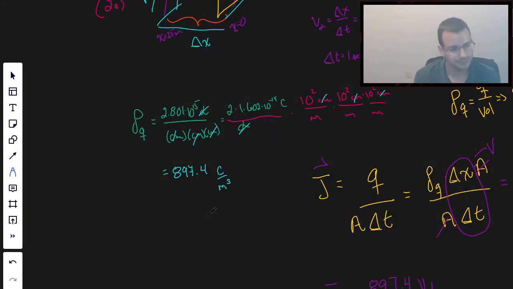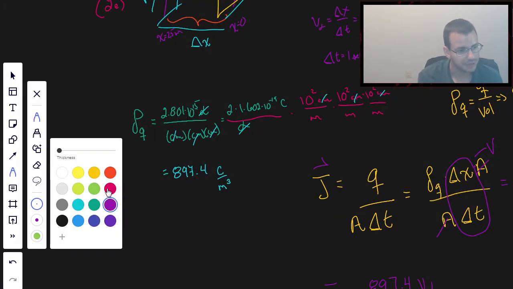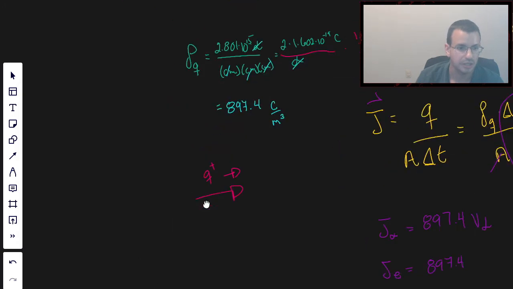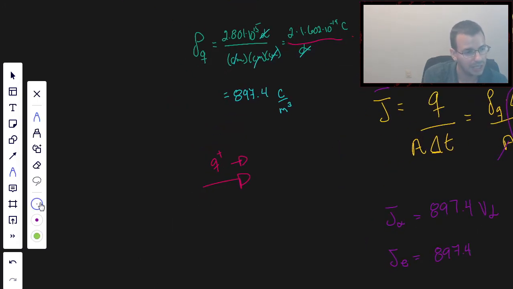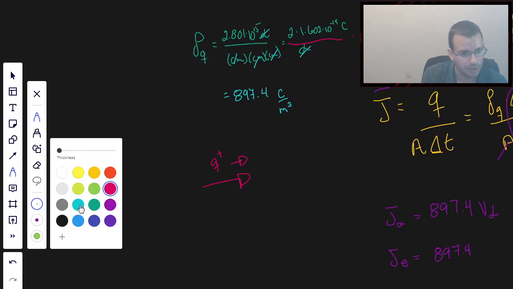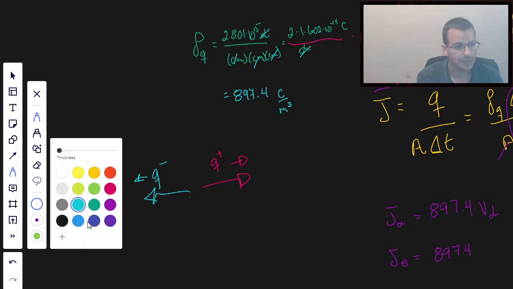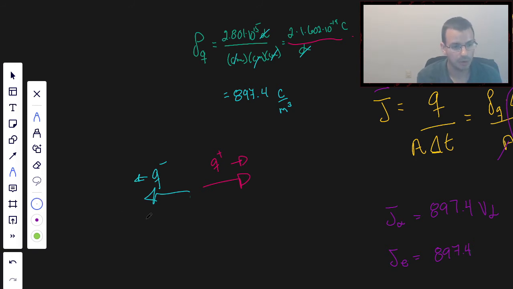By convention, positive current is positive charges moving in the positive direction. Well, in reality, it's the opposite of that, though. Electrons are moving in the negative direction, so we have negative charges moving in the negative direction. Either way, these both add up to current in the same direction.